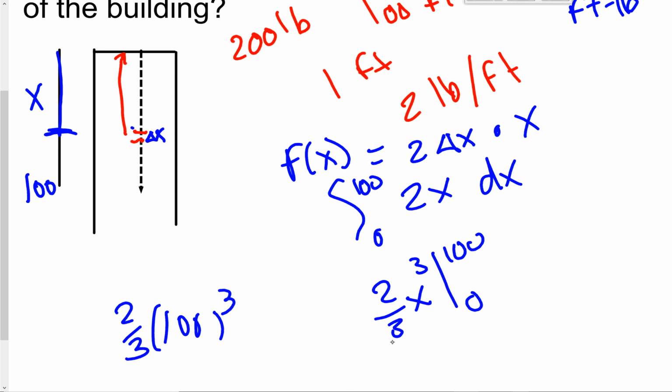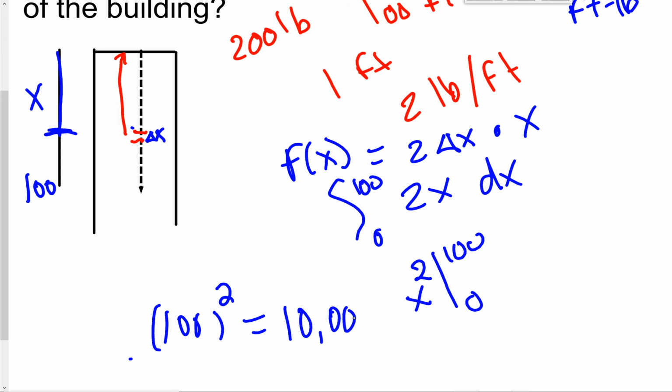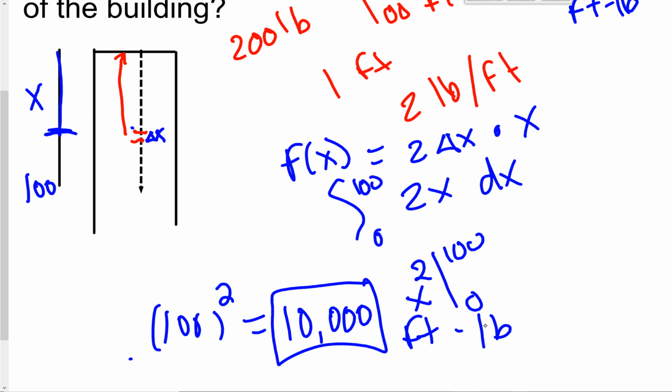That's only an x, so this should only be squared. So this should just be x squared, sorry. x squared. So that is 10,000. Sorry about that. And so that is foot-pounds. So it's going to take 10,000 foot-pounds to pull up that 200-pound, 100-foot-long rope or whatever it is.